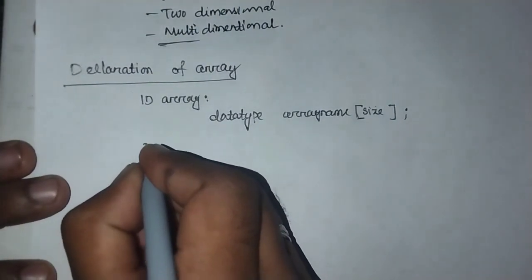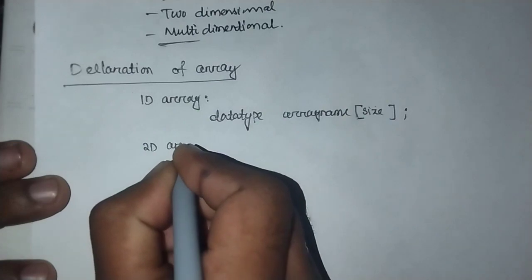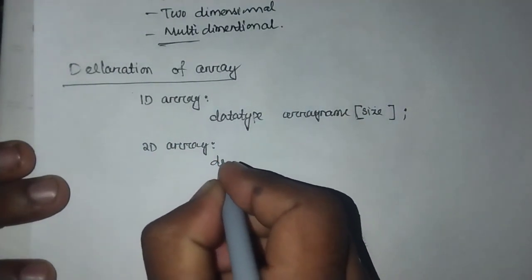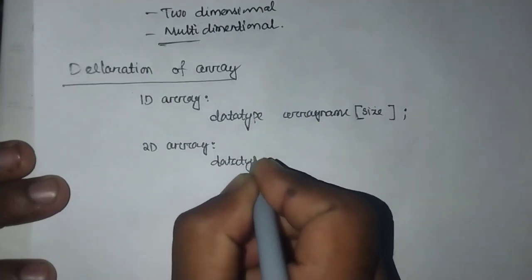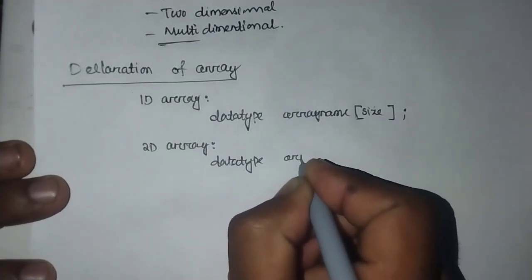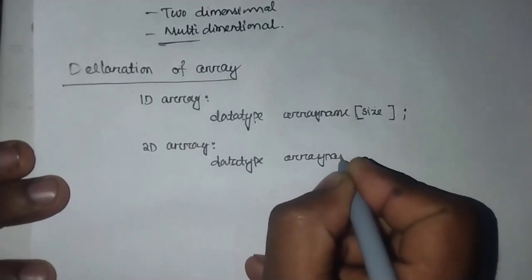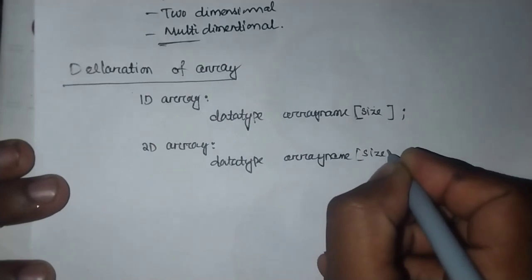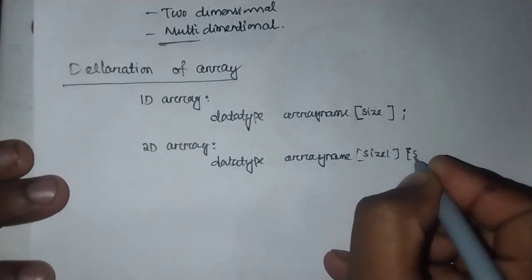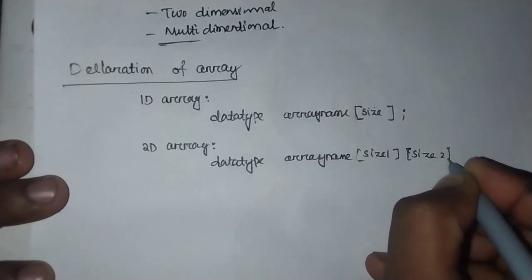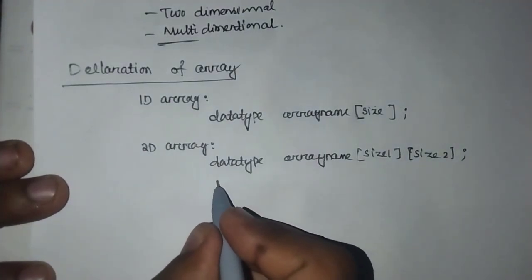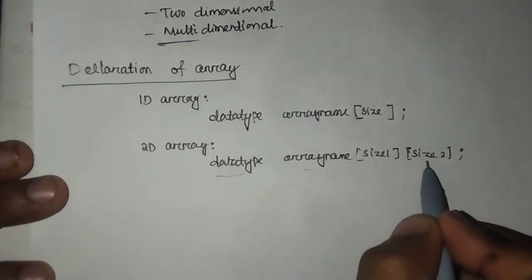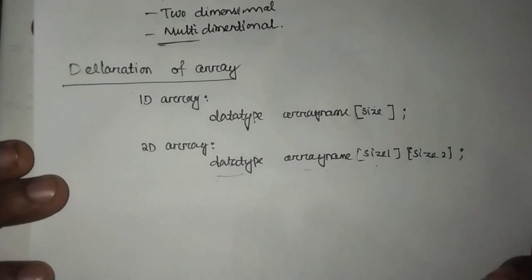For a 2D array, first data type, then array name, then size 1, then size 2. For a multi-dimensional array, write first data type, then array name, then size 1, size 2, up to size n. Okay.